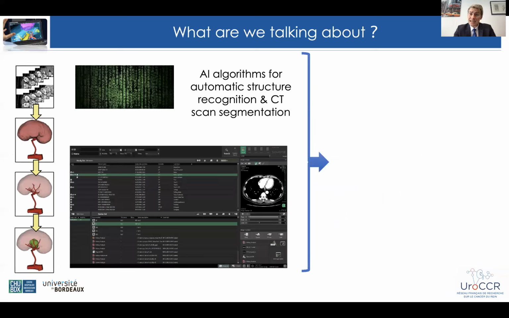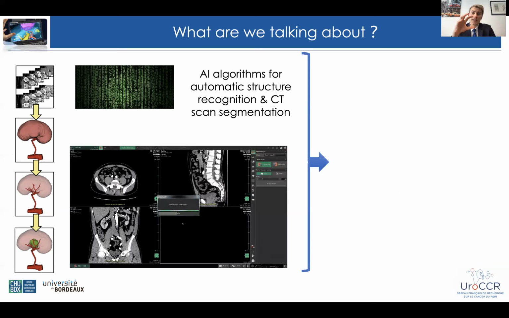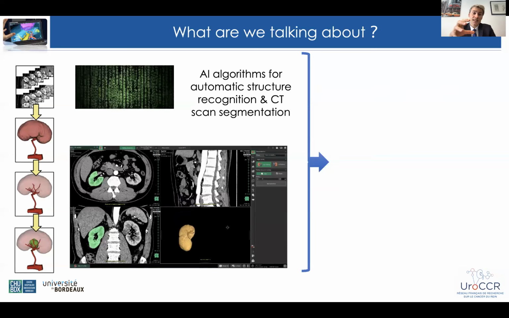So what are we exactly talking about? These 3D modeling softwares all apply artificial intelligence algorithms for automatic structure recognition and at the same time perform a CT scan segmentation that will be semi-automatic or fully automatic. So what does it mean?